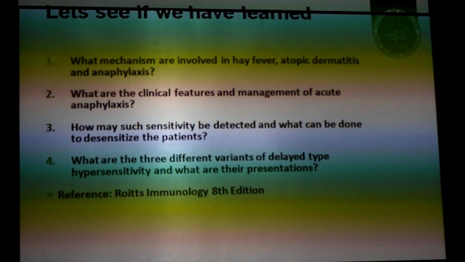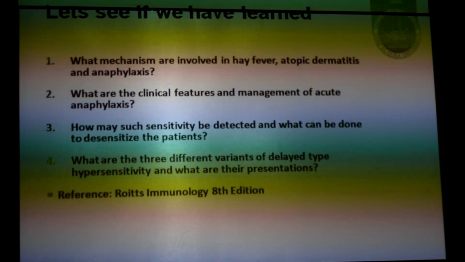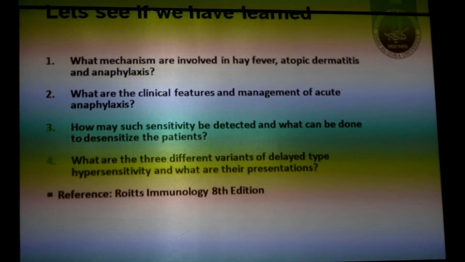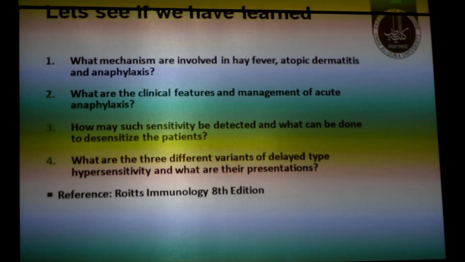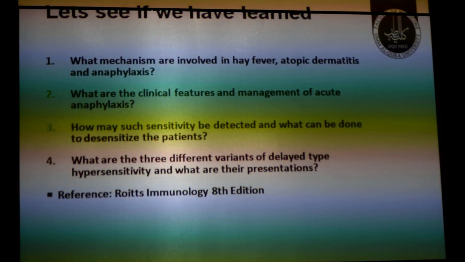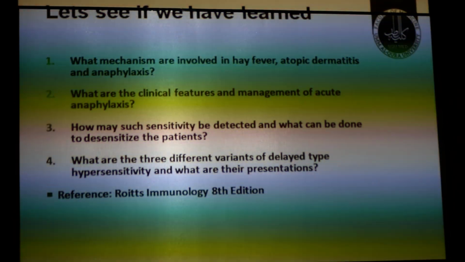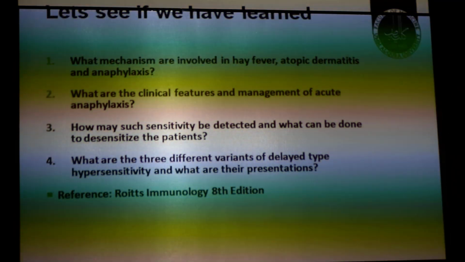Then how may such sensitivities be detected? What can be done to desensitize the patient? First, how to detect it? How will you detect allergies? One more thing. When you do a blood CP, can you detect allergy? Yes? What will you see? Okay. Can we measure mast cells?